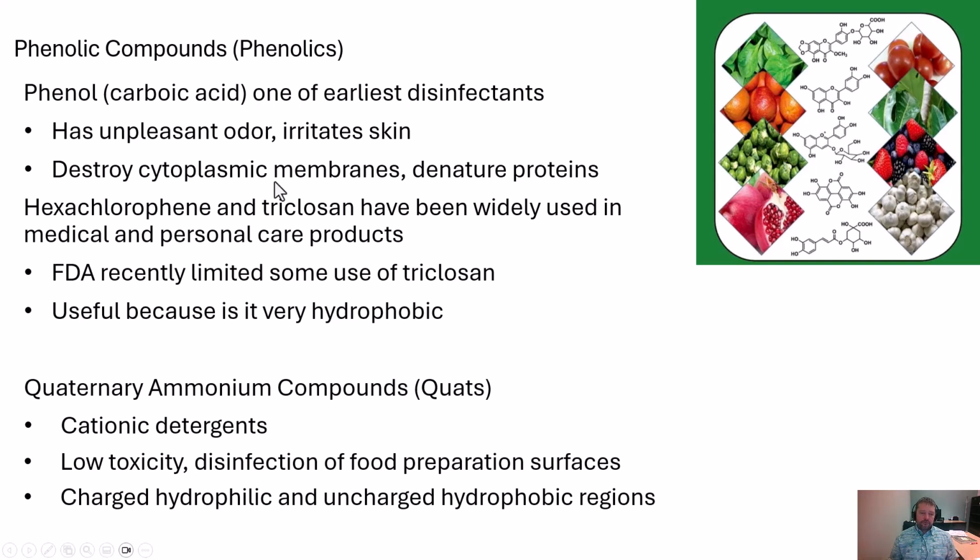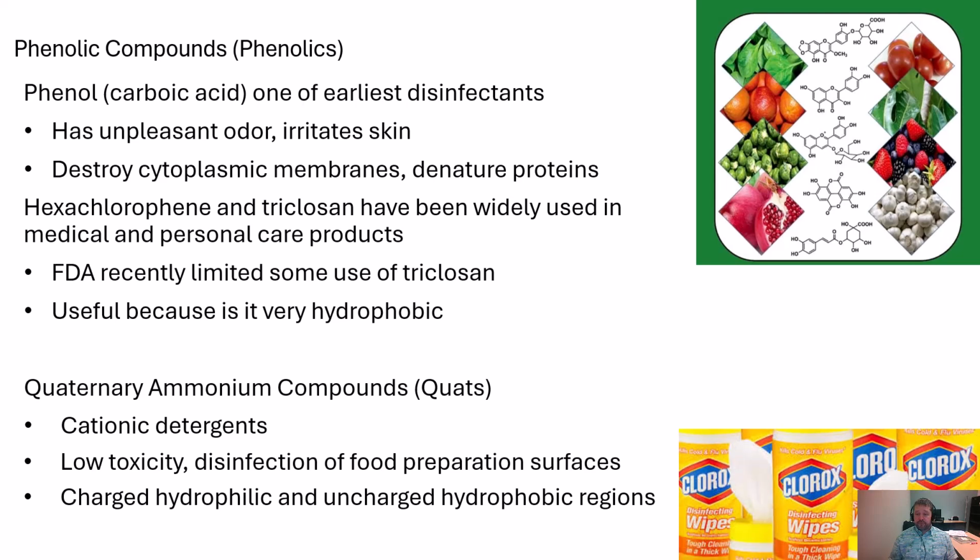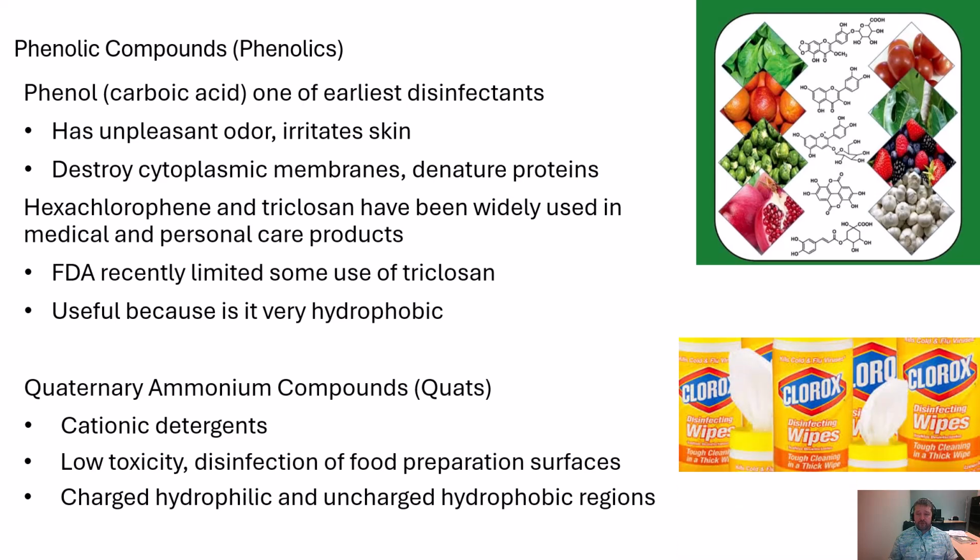Okay, the quaternary ammonium compounds are the quats. They're cationic detergents, so they produce cations. Typically low toxicity, so Clorox wipes work along these lines. You can wipe human surfaces, food preparation surfaces, hands. Lots of Clorox wipes were used during COVID.